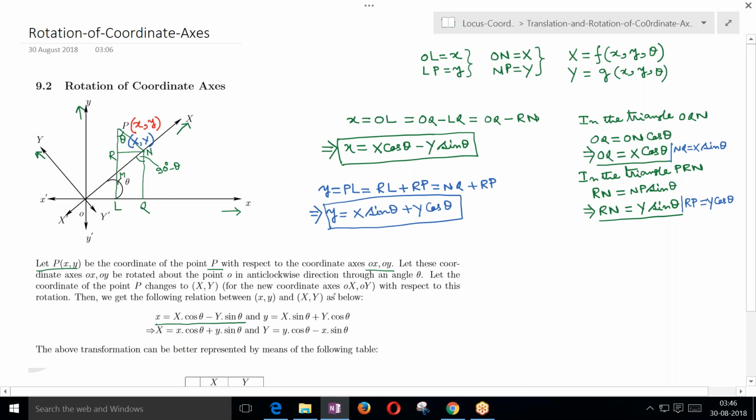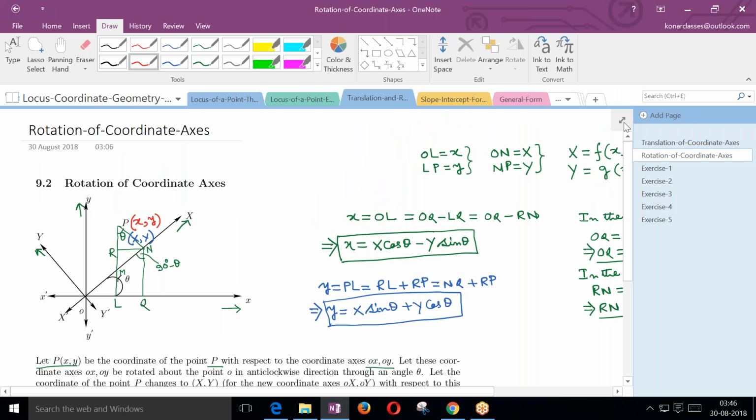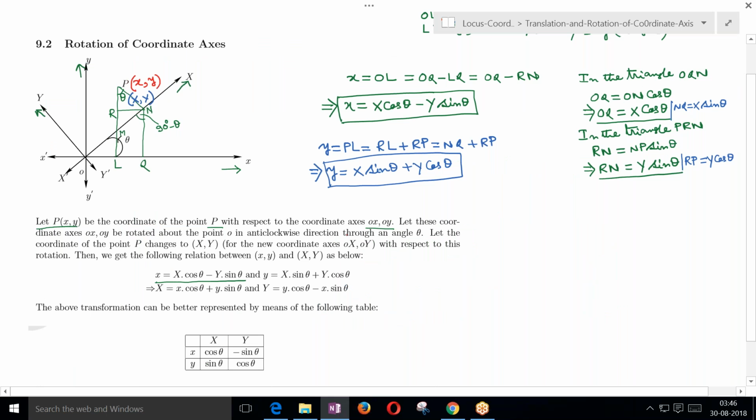So let us conclude what we derived. Let me use a different color pen. We derived that lowercase x is equal to capital X cos theta minus capital Y sin theta, and lowercase y is equal to capital X sin theta plus capital Y cos theta.